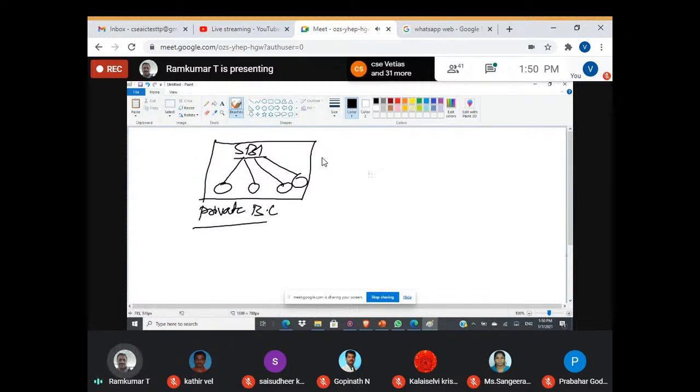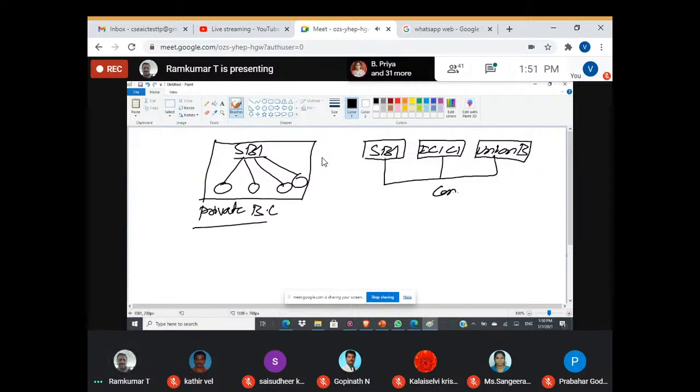Whereas suppose SBI, ICICI and Union Bank, these three want to share, or these three want to work on the blockchain technology, then we call it a consortium.